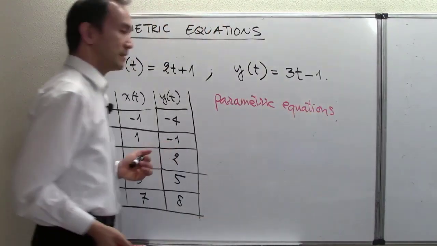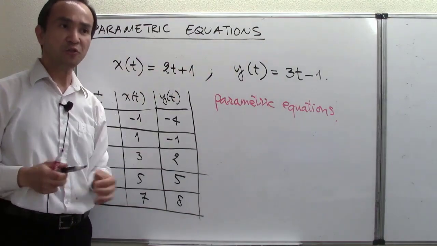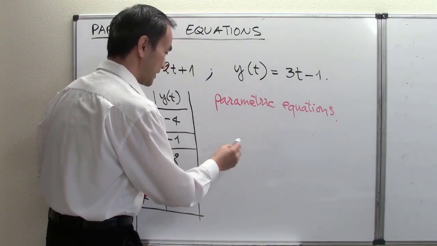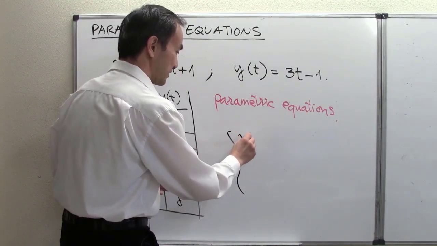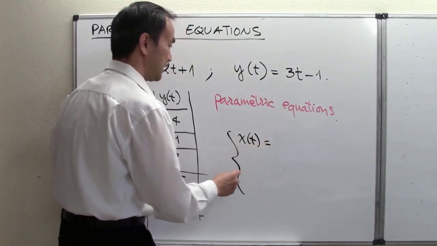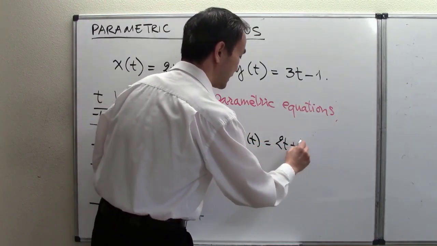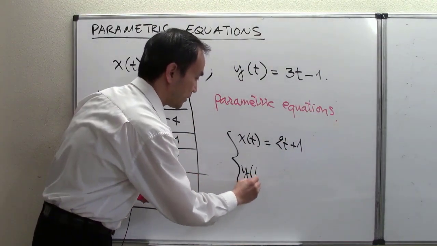Now I'm introducing it, so I'm just listing down the two functions. But when it comes to parametric equations, a lot of the time people write it like this. It's a system of two equations. One equation is x as a function of t, which depends on the common variable t, as 2t plus 1. And then the other function, y of t, is 3t minus 1.